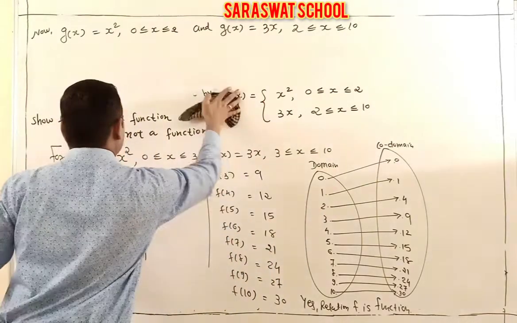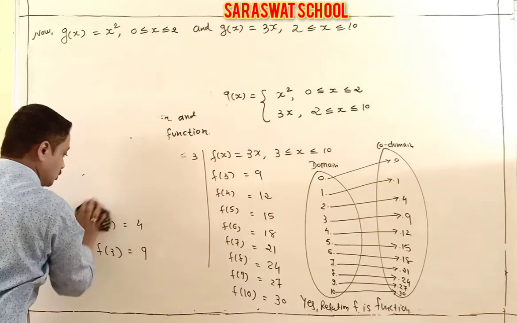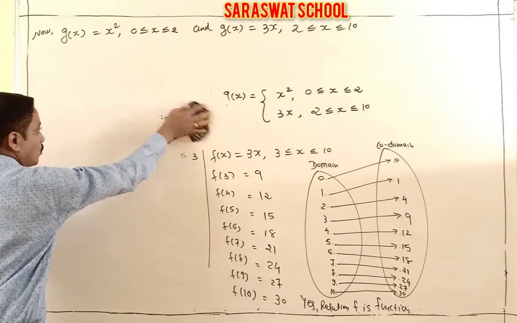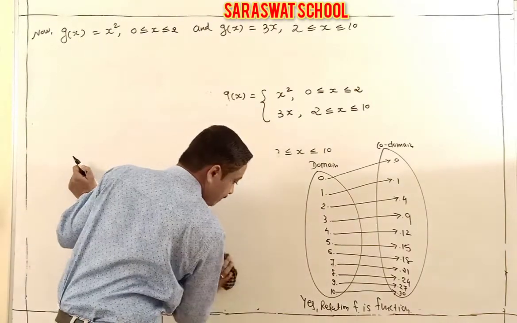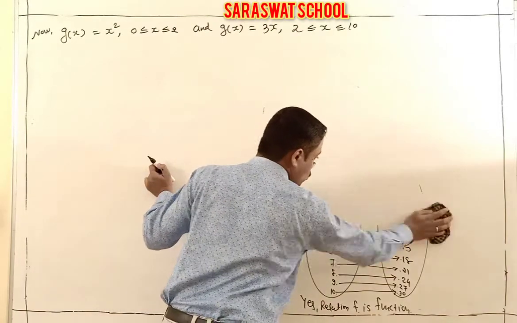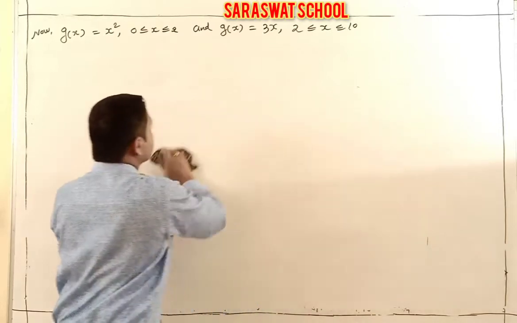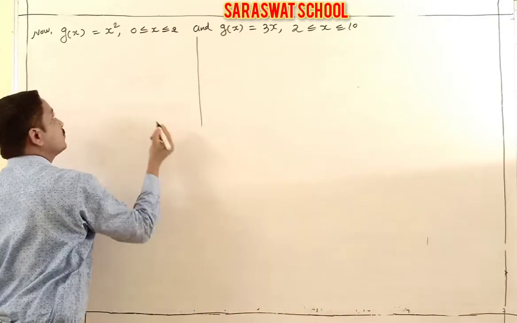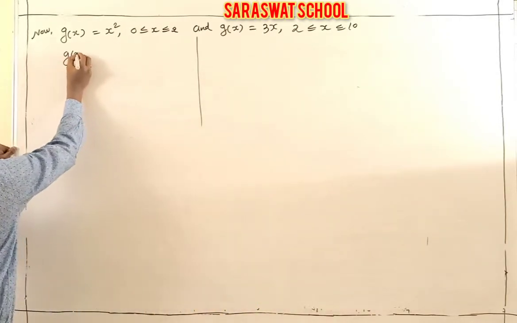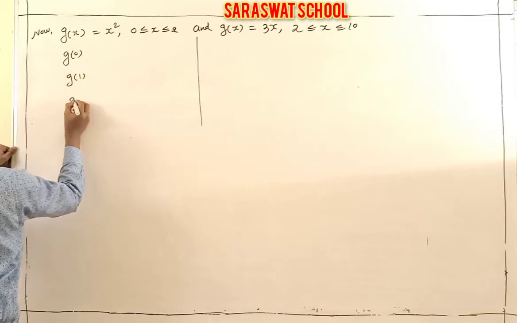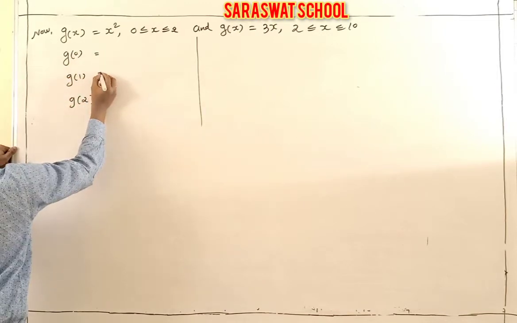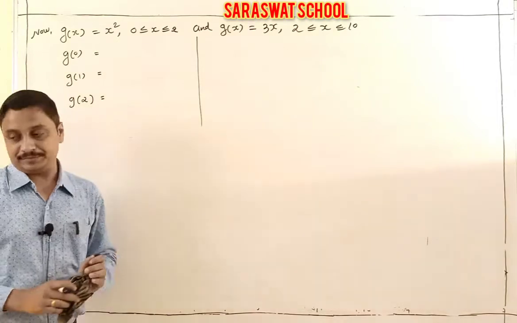Both values similarly I calculate by this rule. Both of them one by one, applying to g(0), g(1), g(2).